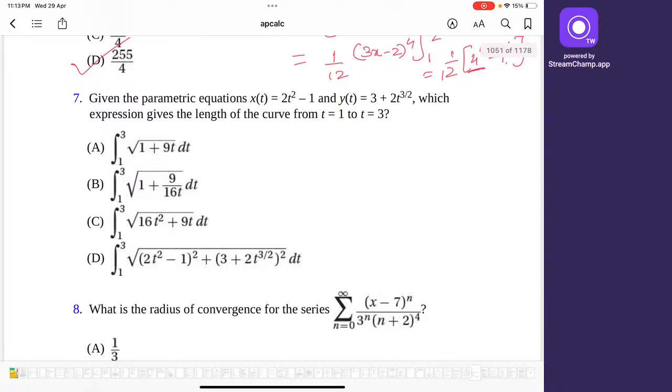So we have been given x of t is 2t squared minus 1, y of t is 3 plus 2t squared. Which expression gives the length of the curve from t equal to 1 to t equal to 3?